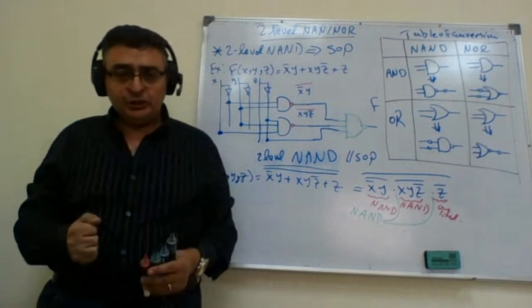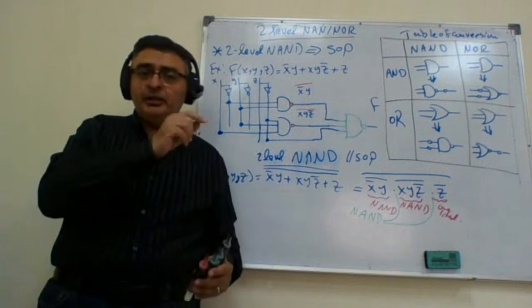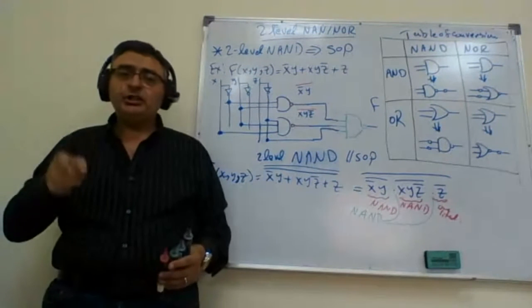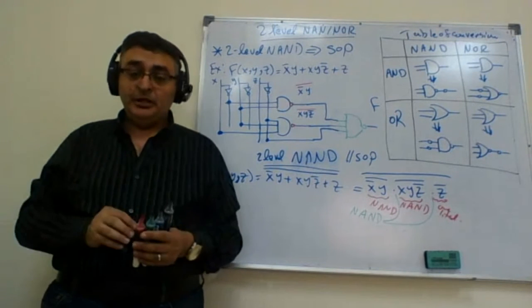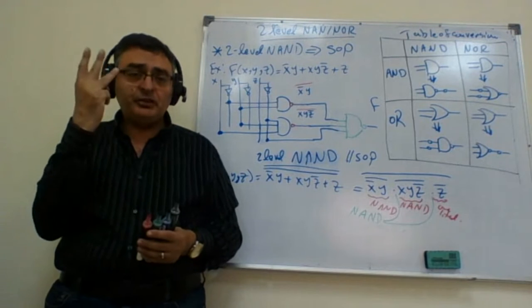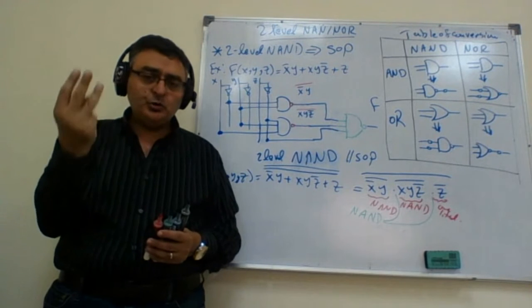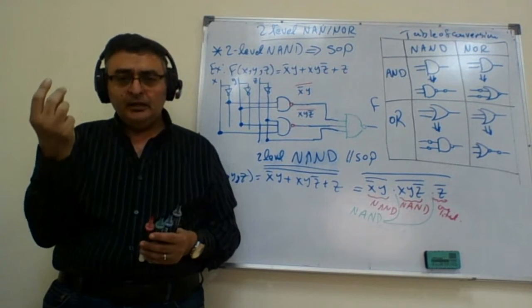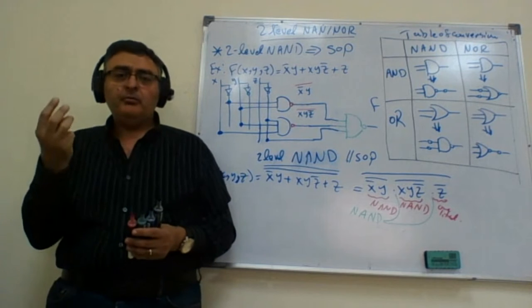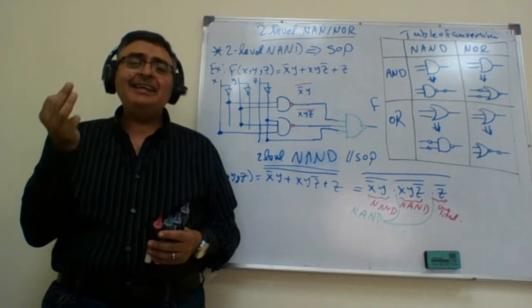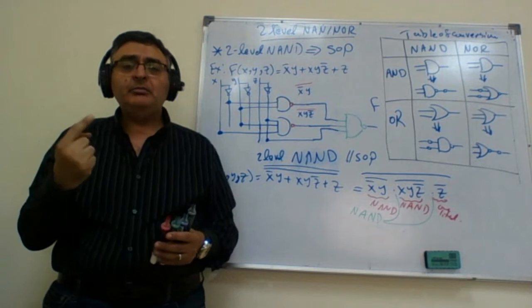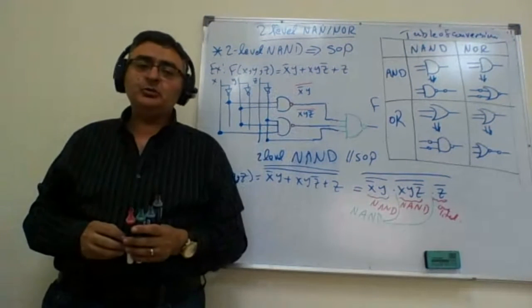Then the condition to achieve 2-level NAND is that the equation should originally be in the SOP standard. If you want to achieve the 3 optimizations, 2-level NAND, which means one type of logic, the minimum delay, which is 2-level, and the simplest equation, then one step needs to be added here.